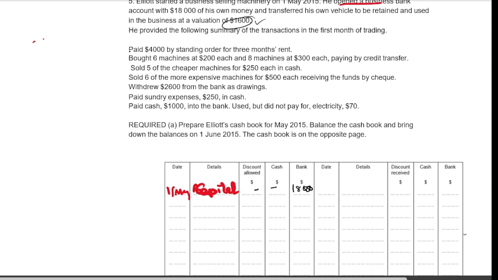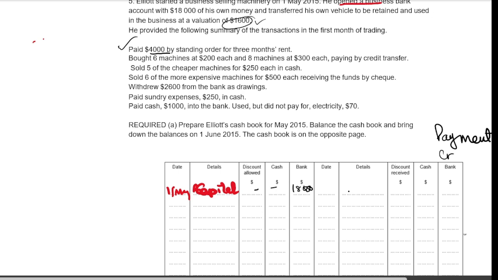So here paid 4,000 by standing order for 3 months rent. So it's a payment, and as I told you, payment will be recorded on the credit side.